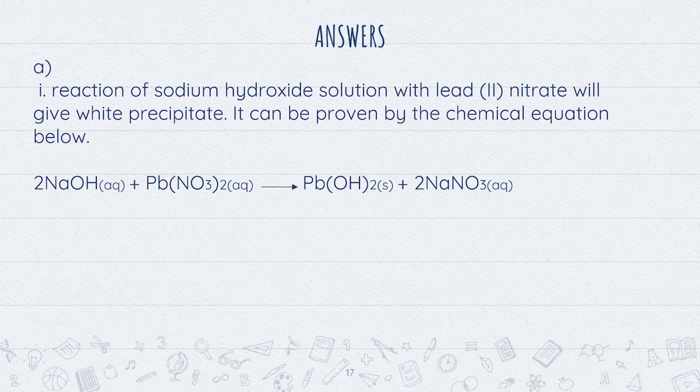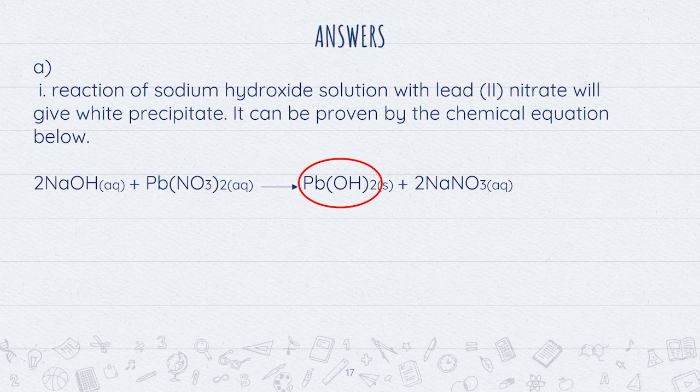For the answer on the reaction of lead nitrate and sodium hydroxide, the reaction of sodium hydroxide solution with lead nitrate will give a white precipitate. This can be proven by the chemical equation. We can see sodium hydroxide reacts with lead nitrate to give lead oxide and sodium nitrate.